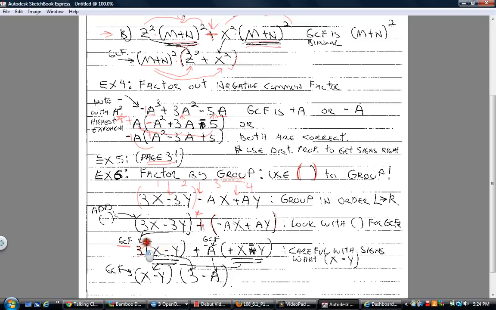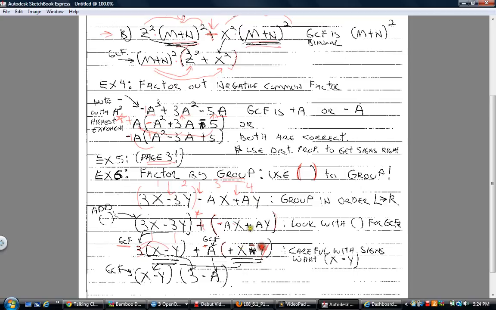When I did the distributive property, it would produce that first parentheses or binomial. Over here, I'm now going to choose to pull out the negative, so I'm going to say plus a negative, and then I'm left with x minus y.